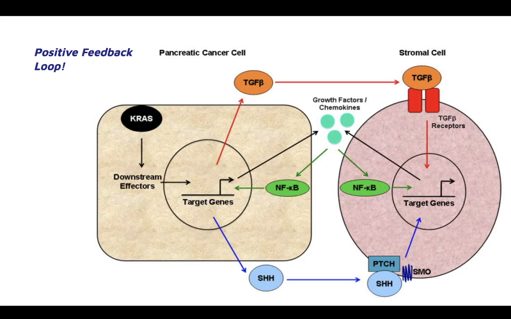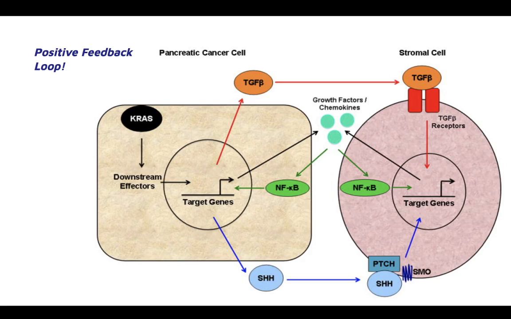So let's go a bit into what happens. Basically the KRAS gene-coded protein receives growth factors from outside, and then it is triggered and starts transducing and causes downstream effectors which amplify the signal. And then transcription factors are made in the nucleus, which in turn produce more growth factors and chemokines.